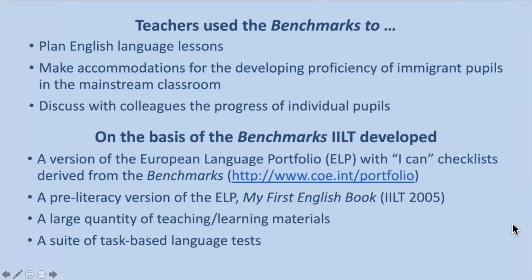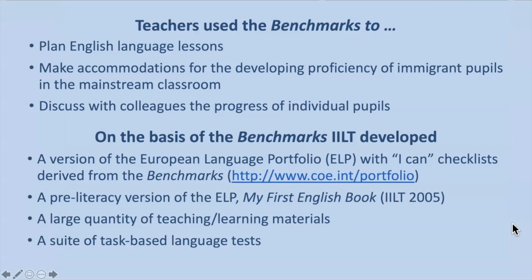Teachers use the benchmarks to plan their English language lessons in the mainstream classroom, to make accommodations for the developing proficiency of immigrant pupils, and to discuss with colleagues the progress of individual pupils.